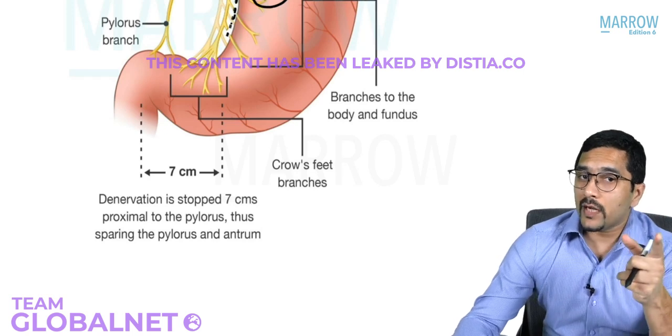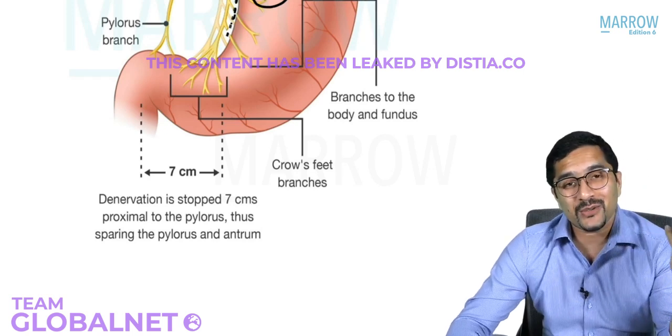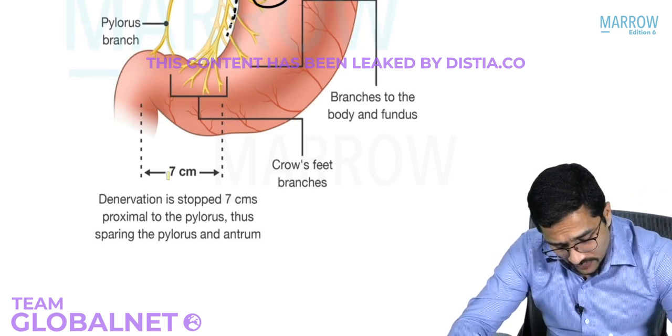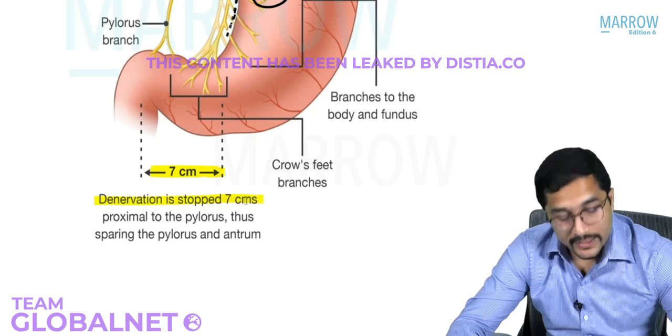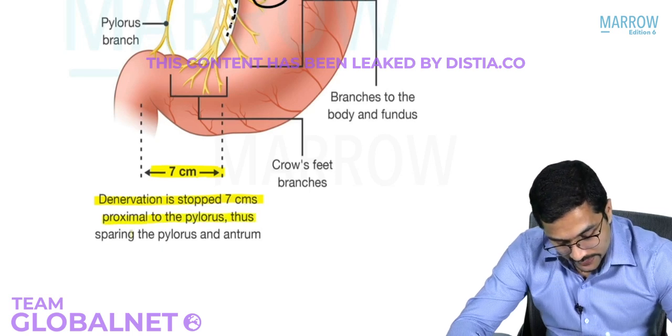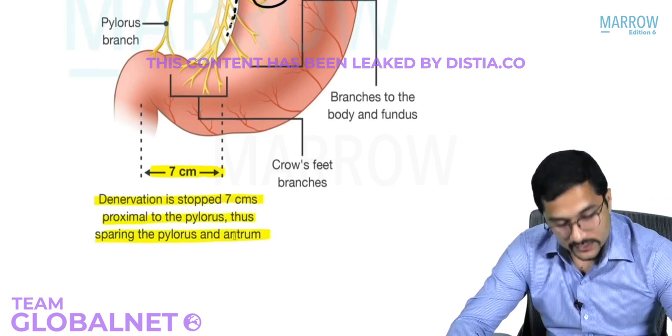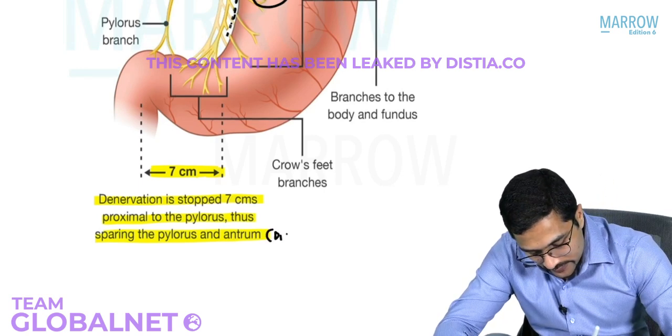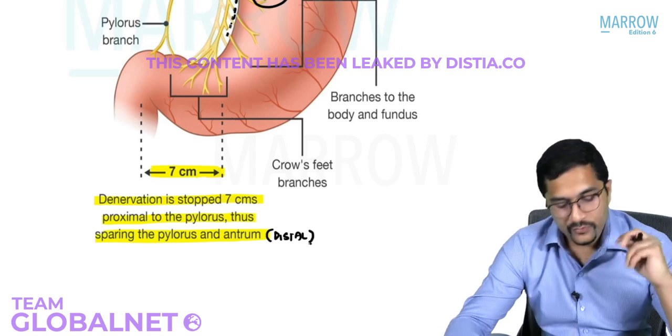And why don't we cut the branches to the pylorus? Because that would lead to gastric stasis, correct? So that is why denervation is stopped 7 centimeters proximal to the pylorus, thus sparing the pylorus and the distal part of the antrum, okay?